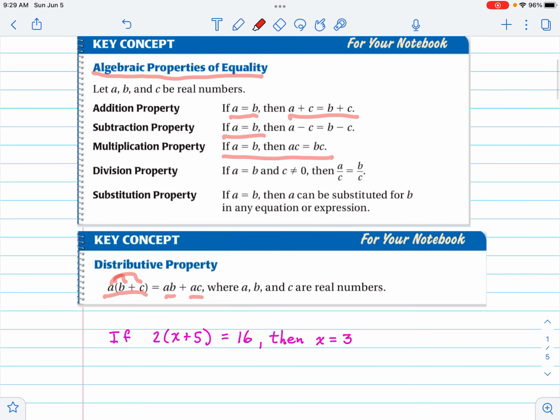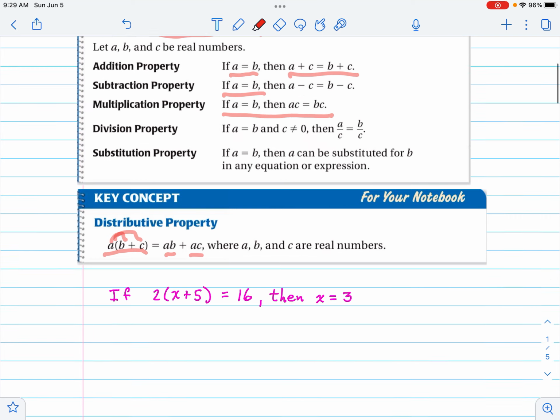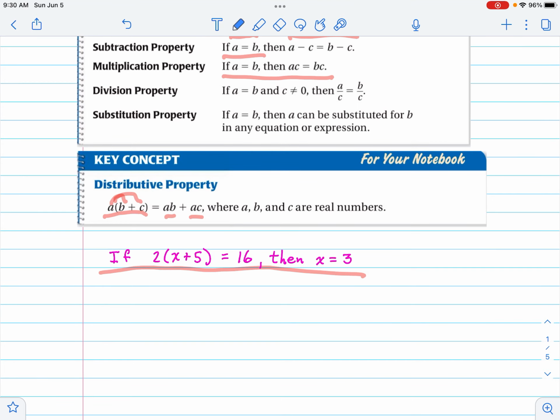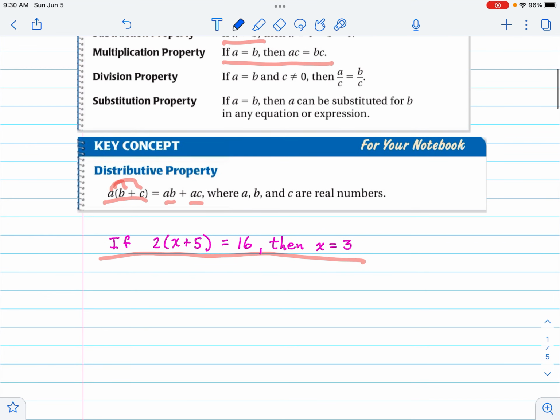Now, I want to show you how a basic proof can proceed. Let's suppose we're told that if 2 times (x plus 5) equals 16, then x equals 3, and we want to prove that to be true. Here's the structure of what we'll do.